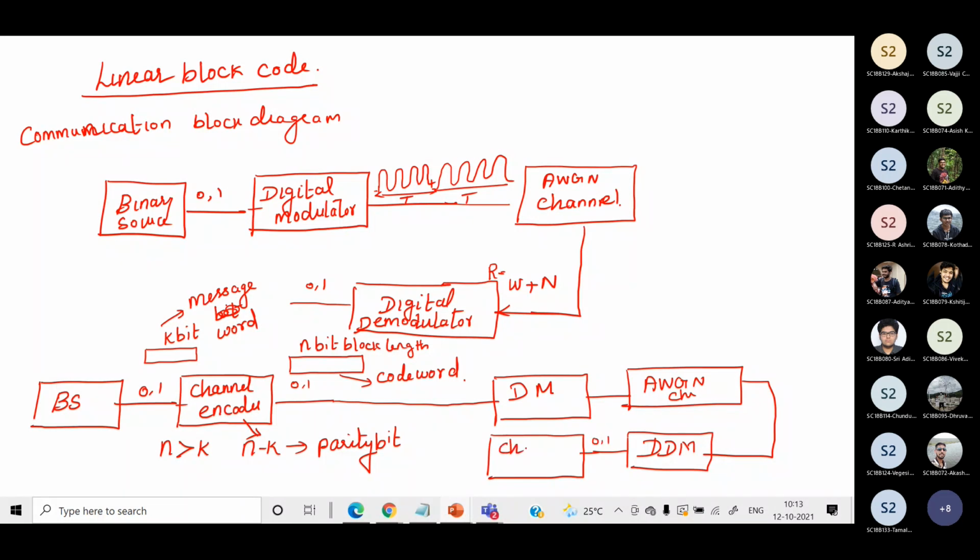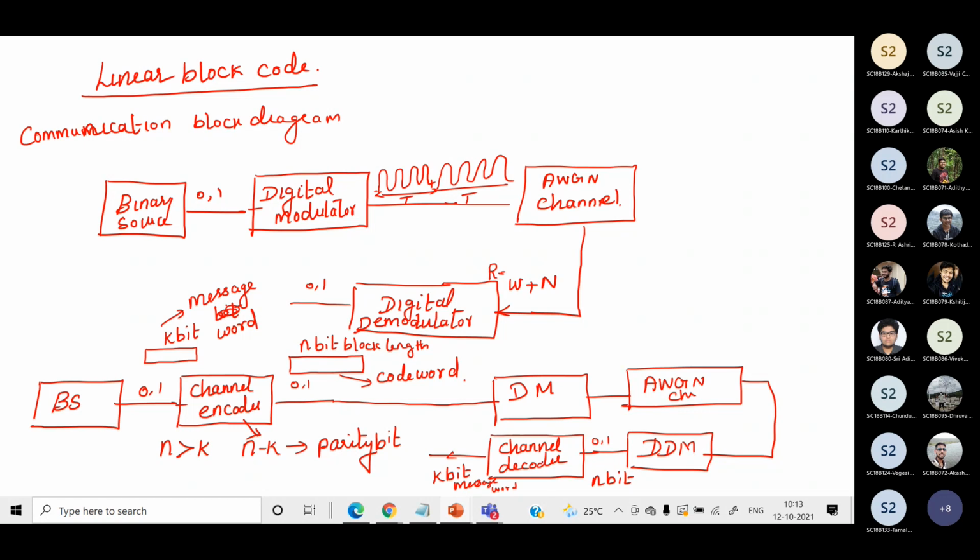Here I will be using the channel decoder. What is the function of the channel decoder? The input is n bits in length, and it has to get the k bit message. We have to get the k bit message word.